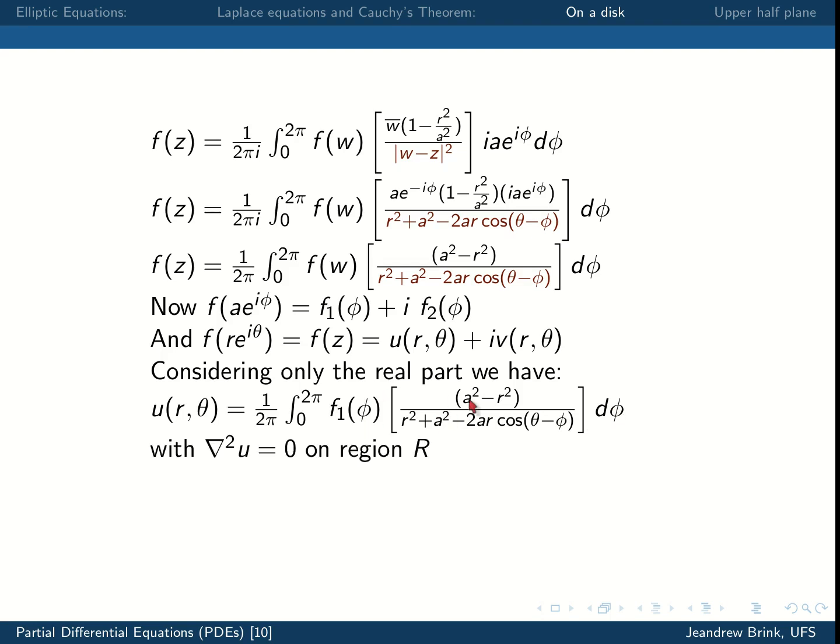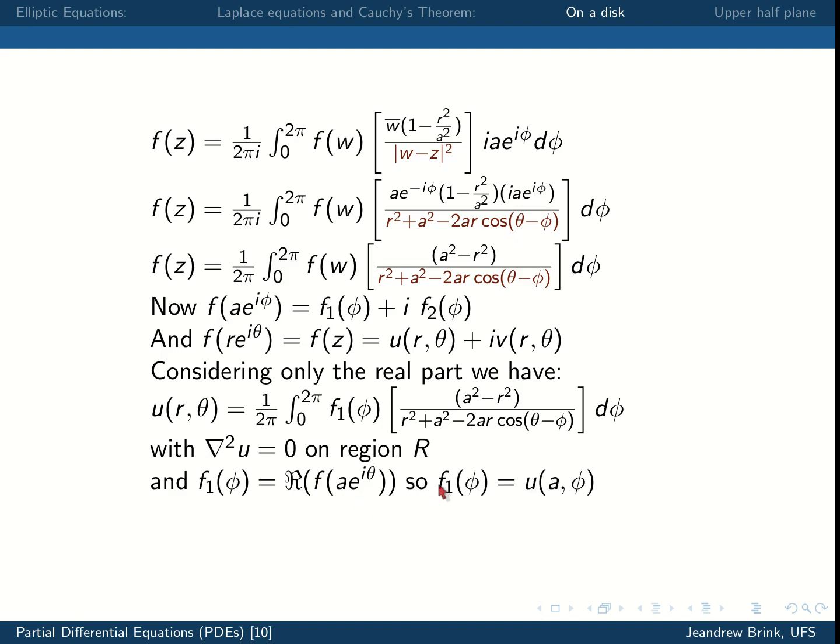Okay, and the bonus that comes out of using Cauchy's theorem is we know that because we assumed f to be analytic, the Laplacian of u vanishes on the region R, of which the boundary is, in this particular case, a circle. And we know that f1 of phi is the real part of f on the boundary of R itself.